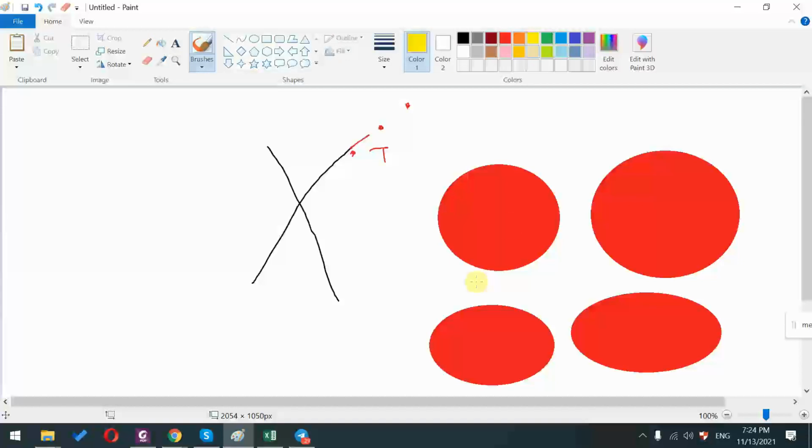I add a little bit of the first chemotherapy. And here I add the second chemotherapy, here the third chemotherapy, and here the fourth chemotherapy. After a few days, I come back. When I come back, I discover that this has happened. So what does that mean?